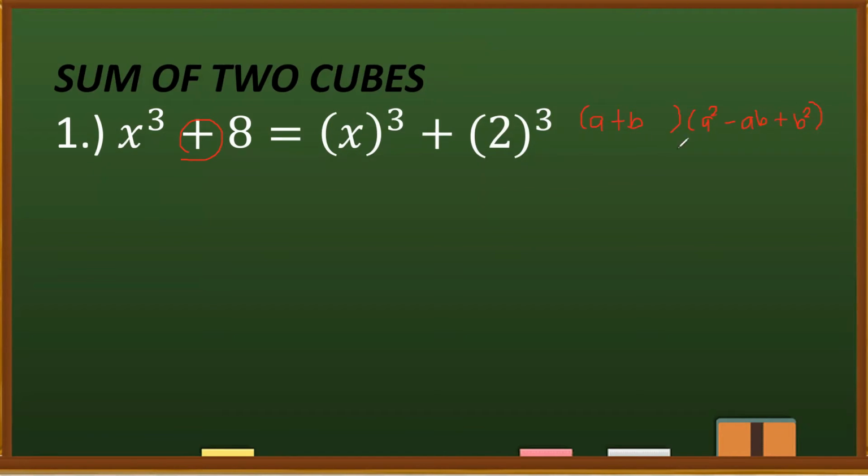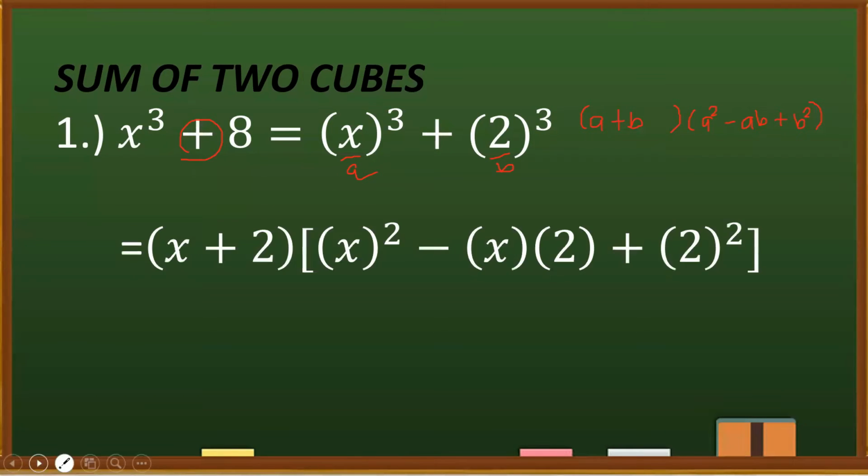Okay, so i-substitute na lang natin. So since yung x natin is a, and our 2 will be our b, then we just have to substitute. Okay, so here the value of a is x, just copy the operation plus, and then the value of our b is 2. And then for our trinomial, we have a squared.